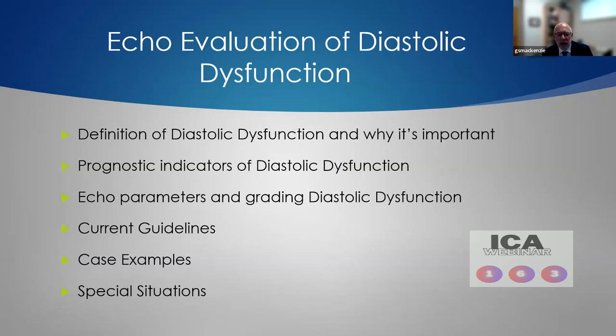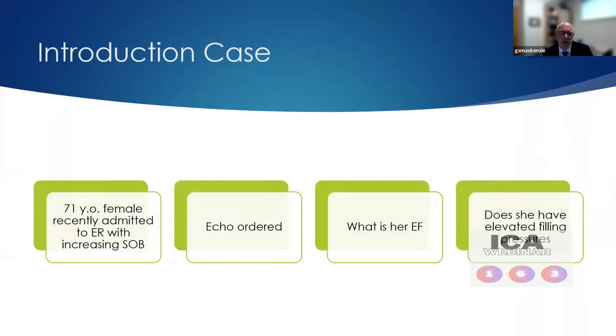And then we'll look at some case examples and apply the guidelines to come to a conclusion as to what these patients have with respect to diastolic dysfunction. And finally, I'll go over some special situations such as mitral valve disease and atrial fibrillation, common conditions that we encounter in our patients, but it can be challenging to assess diastolic function in those populations.